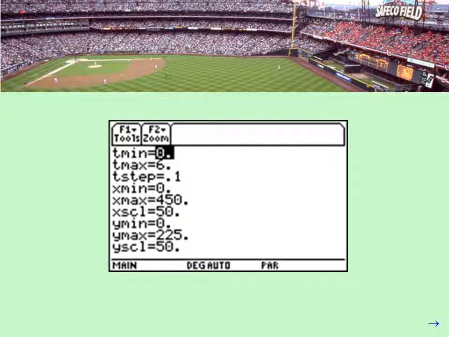Now we set up our viewing window. I assume that the ball won't spend more than 6 seconds in the air, and the maximum horizontal distance is 450 feet. Since the screen of the TI-89 is half as tall as it is wide, I let Y max be 225 feet.